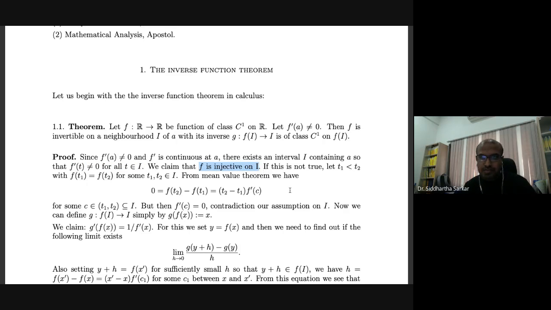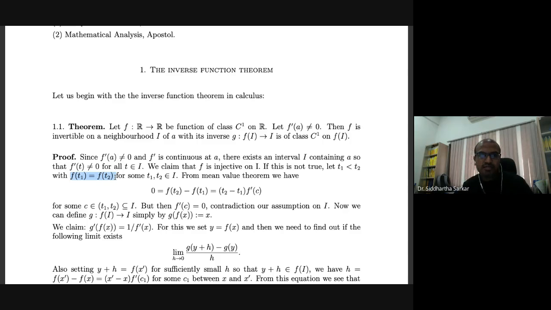This is also almost immediate from the mean value theorem. If this is not true, I should be able to find two points in this interval. I don't care too much where exactly it stays or how the interval looks. I can always take the interval to be open. And let's say f(t1) and f(t2) coincide.